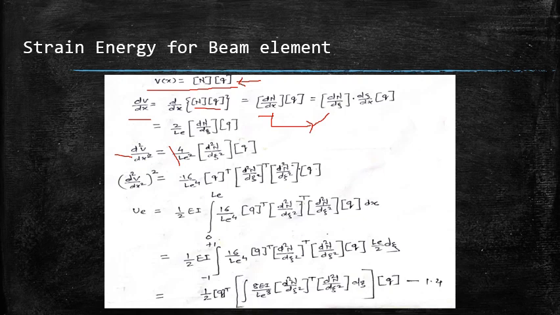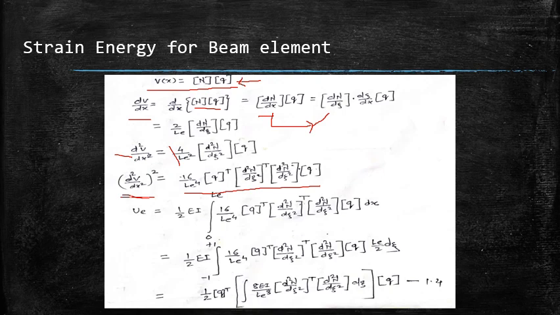So taking the square of this d2v by dx square, as you might be aware from the calculations of matrices, it can be easily seen that d2v by dx square whole square is nothing but 16 by Le raised to power 4 q transpose d2N by d zeta square transpose d2N by d zeta square into q.